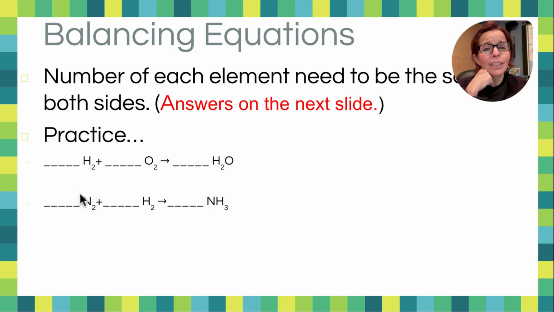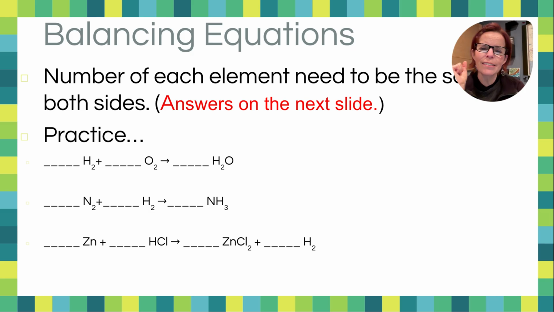Well, that's how many I have on the other side. Hey, that actually works. But now I would have how many hydrogens? If I have 2 NH3s, then that would mean I'd have 6 hydrogens. That's too many for over here. But what if I put a 3 in front of that one? Then I would have 6 hydrogens. I balanced it.